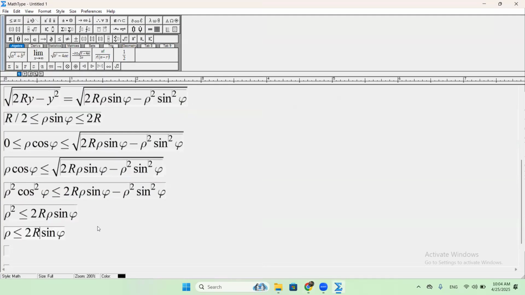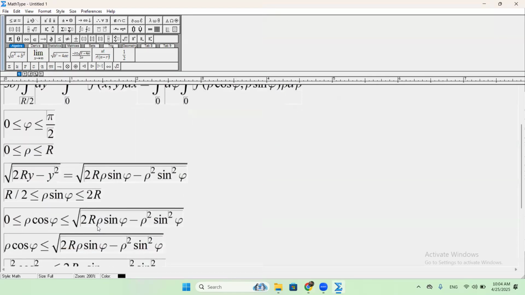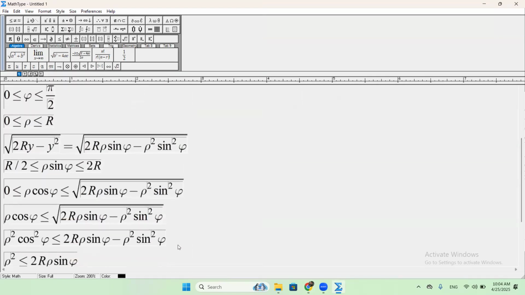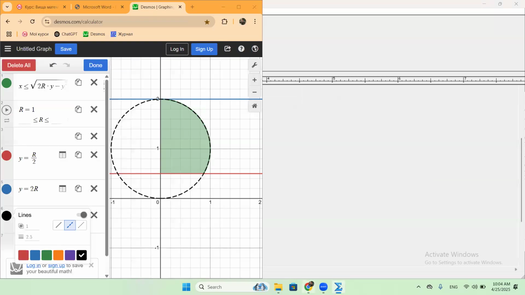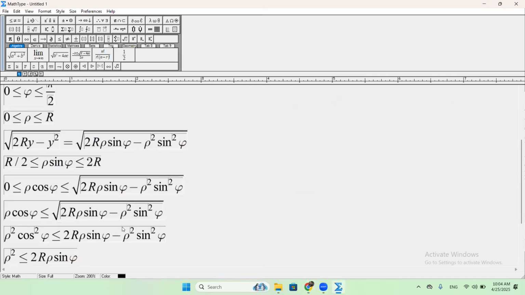Okay. And now moving next. We can also see from the graph that phi is between 0 and pi over 2. So it's absolutely in the first quarter.